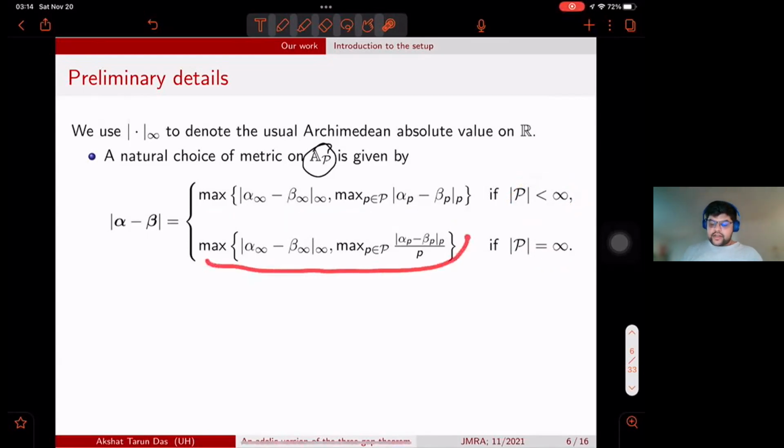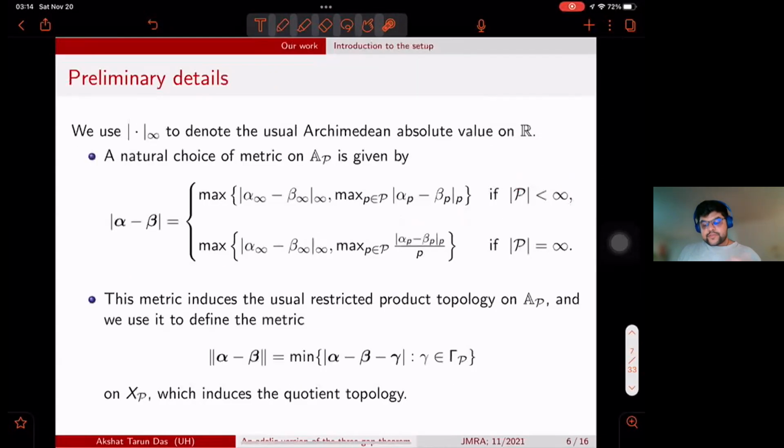And this is also the canonical choice of metric in the case when the set of primes is not finite. And with respect to this, AP indeed has the restricted product topology. Now we use this metric, which is defined on AP, to go ahead and define a metric on the adelic torus. And that is given in this form. So we are taking the minimum over all elements of gamma P. And this induces the quotient topology on the adelic torus.